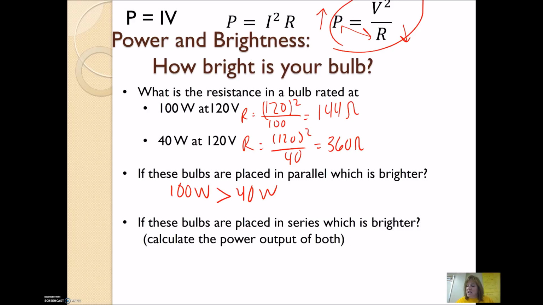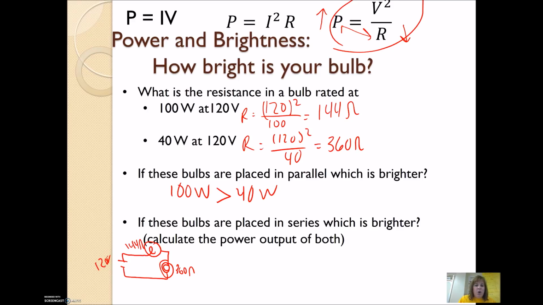If we put these in series, that means the current, right? So here's our 120 volts. And we have current going through our 100-watt bulb, we'll call it the 144 ohm resistor bulb. All right, so here's the 144 ohm resistor, and the 360 ohm resistor. And so let's find out how much current there would be through this circuit.